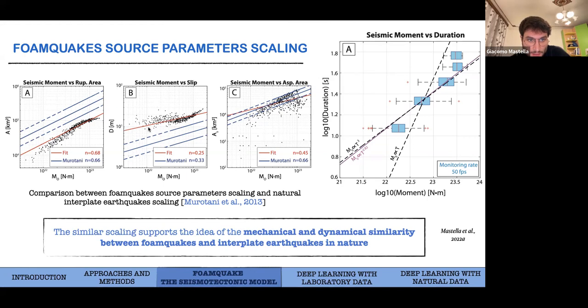The best fitting lines for analog earthquakes are depicted by the red lines, while the blue lines represent the best fitting lines obtained by Murotani 2013 for natural interplate earthquakes. We can see that the slope of the best regression lines for the analog earthquakes follows a similar slope with respect to the Murotani scaling laws. So we found a sort of similar scaling between what we can generate in the laboratory and natural earthquakes.